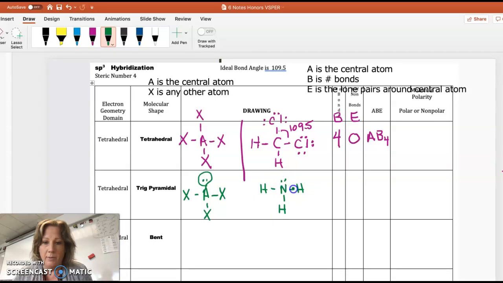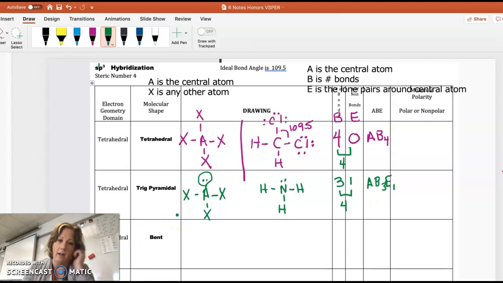And you can see that it has 1, 2, 3 bonds. And now it has 1 lone pair. So notice these add still to 4. Consider that 1 plus those 3 for a total of 4 orbitals or 4 bonding areas. So the ABE notation would be AB3 because there's 3 bonds. A is the central atom, and then E1.